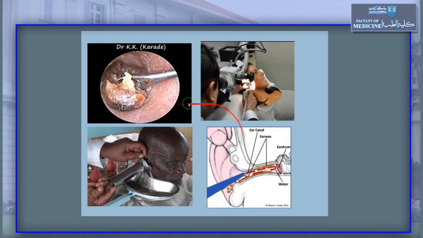It will simply cause it to be pushed further medially or to swell further, causing more irritation to the patient. So if we are planning for ear wash or suction of the wax, and if the wax is really hard, then we need to give wax softening drops for a couple of days, maybe 3-4 times per day for 3 to 5 days, and after this the wax will be soft enough that we can remove it by ear wash or by suction.